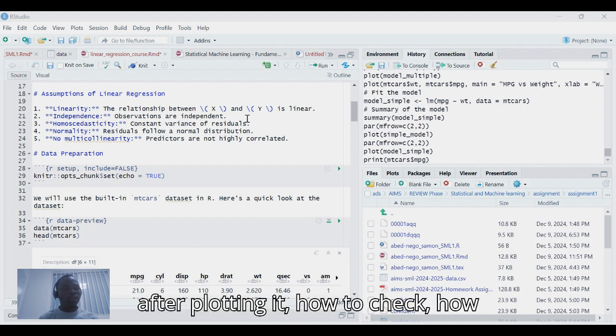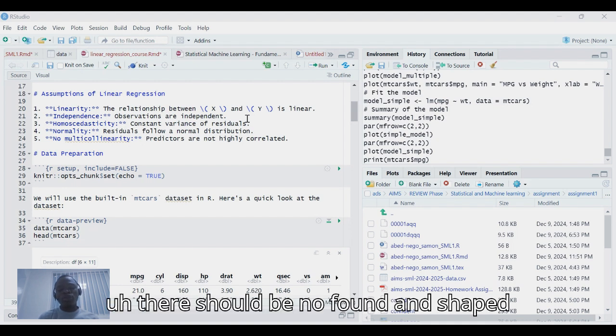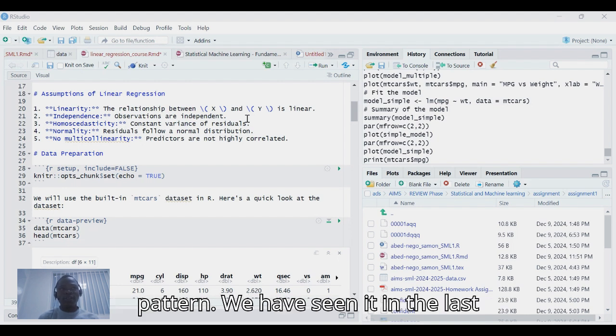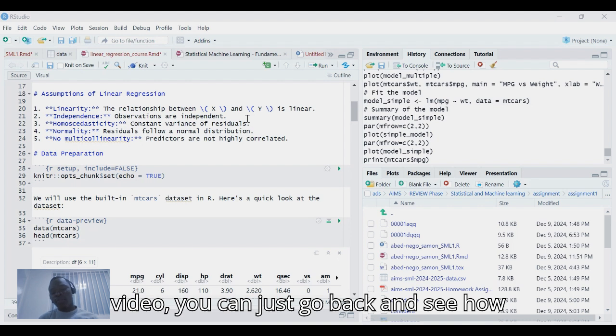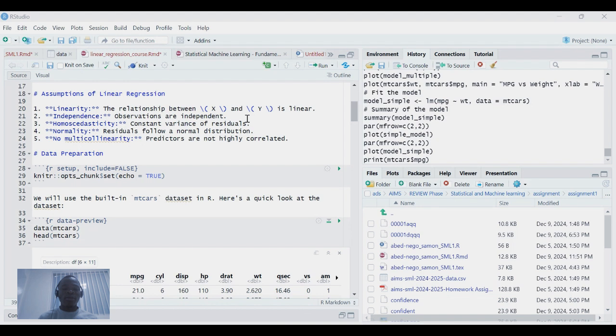After plotting it, to find the conclusion, we just need to see that there is no funnel-shaped pattern. We have seen it in the last video. You can go back and see how we did the interpretation of the plots.